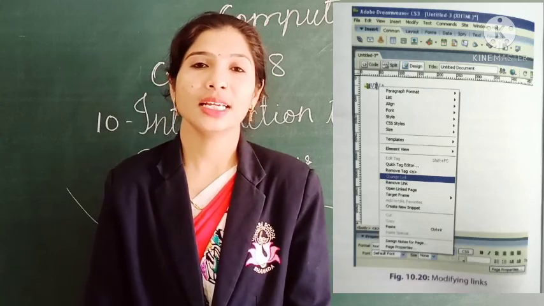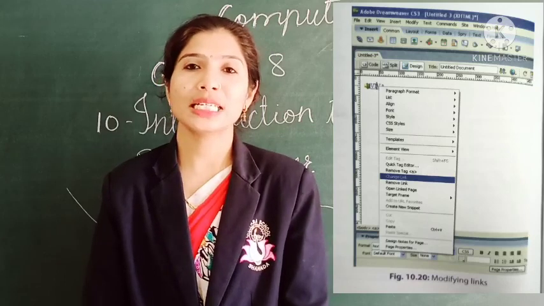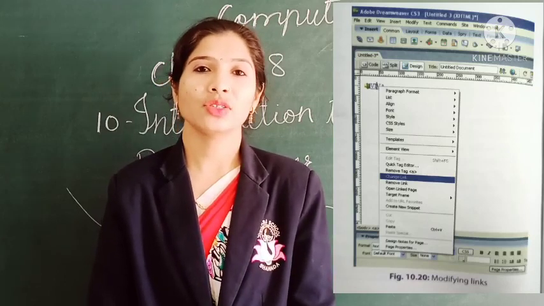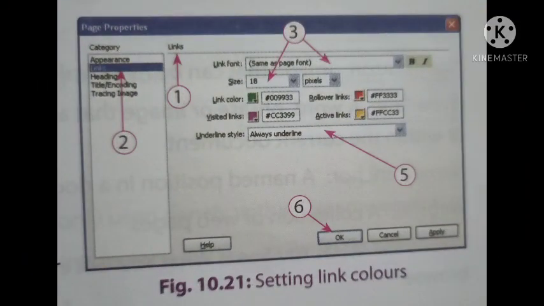Now setting link colors. The colors of the links to be displayed on the web page can be controlled by some steps. Let's see. First, click on Page Properties from the Property Inspector. Then click the Links category and then set the link font and font size as you want.